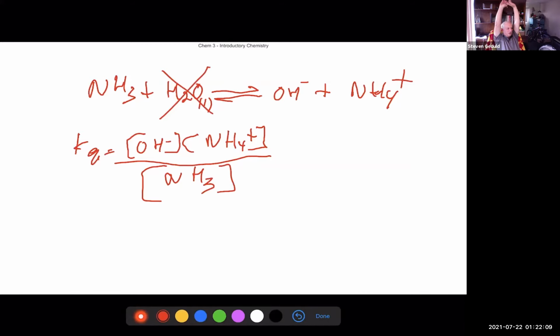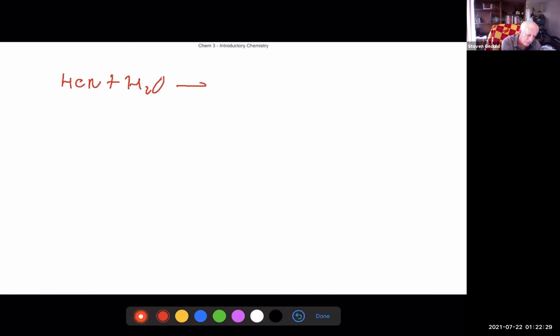So let's do one where you do calculations again. Let's do example 13.7. Let's say hydrocyanic acid dissolves in water to produce H3O plus and CN minus. Everything's aqueous except water, which is a liquid. And it says, determine the concentration, or it gives you the equilibrium constant, I'm sorry.